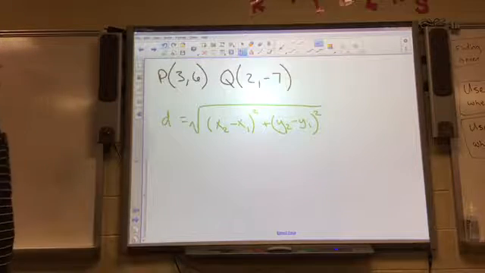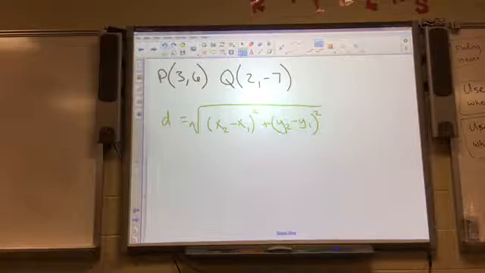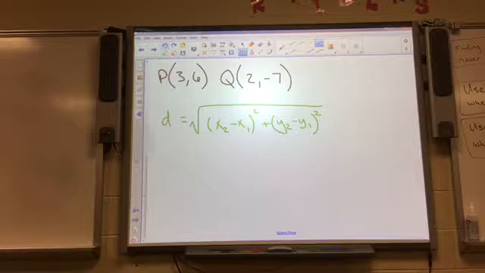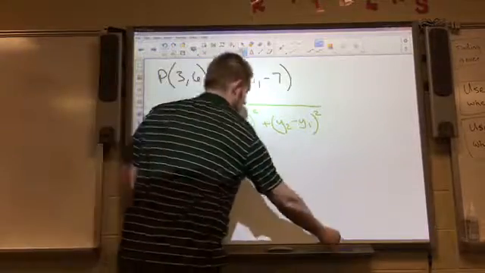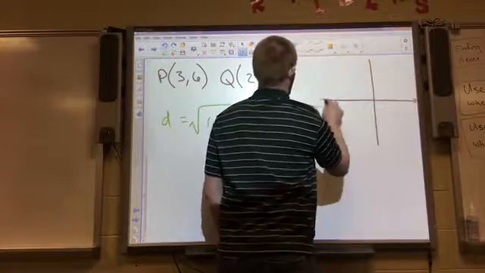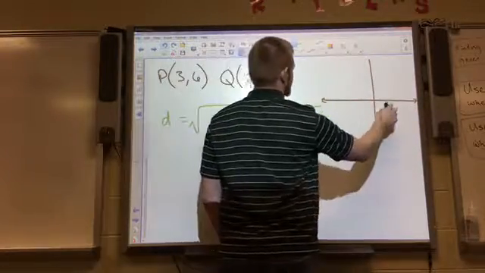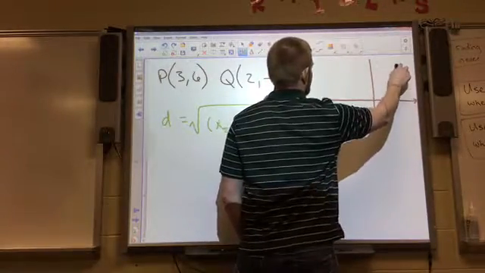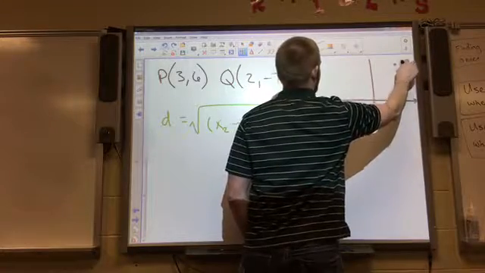Now, we haven't talked about this to this point, but I want you guys to pause in your notes for a second so we can talk about this distance formula. Let me draw my vector first. 3, 6 would be somewhere up here, right?